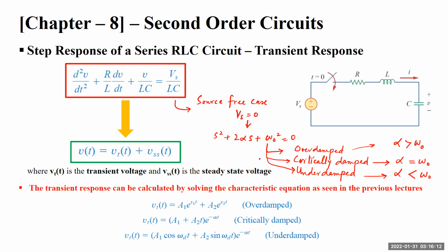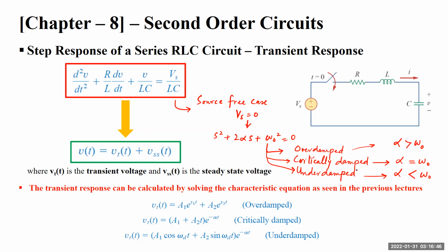And when we solve this for a step response, or a second order circuit which has a source, these responses correspond to the transient response of the circuit. Whenever we have a second order circuit with a voltage source and are asked to find the response, we have to divide the response into two parts: the transient response and the steady state response.